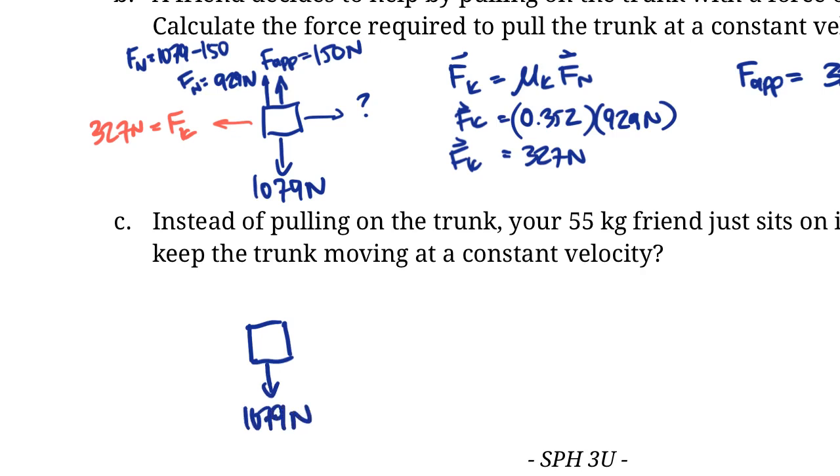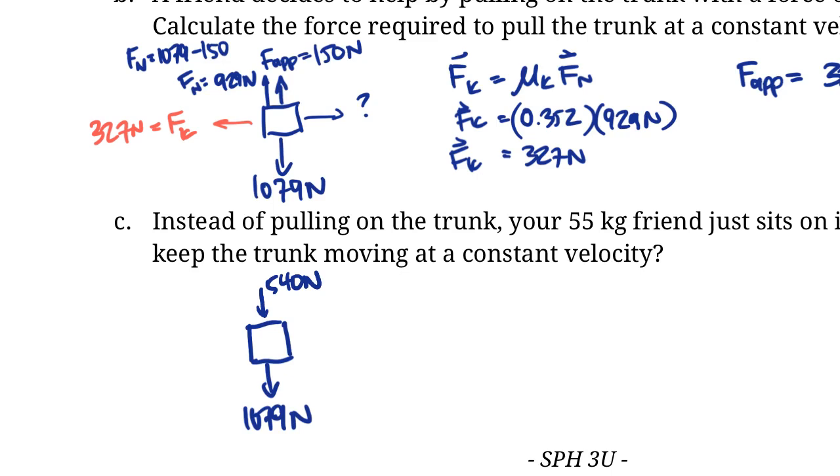But now our friend, who has a mass of 55 kilograms, sits on top of the box. So they're going to add their mass to that box. So it's 55 times 9.81. Their force of gravity is going to be another 540 newtons downwards, right? That they're adding from their own mass.